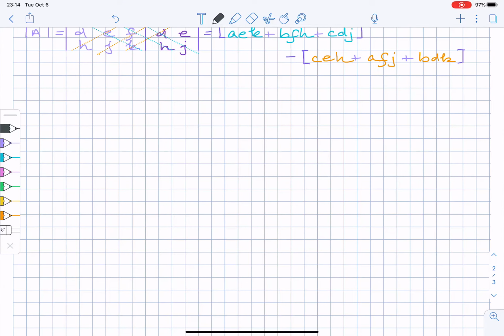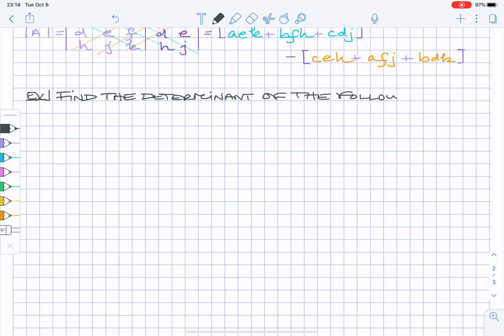So for example, find the determinant of the following matrices.